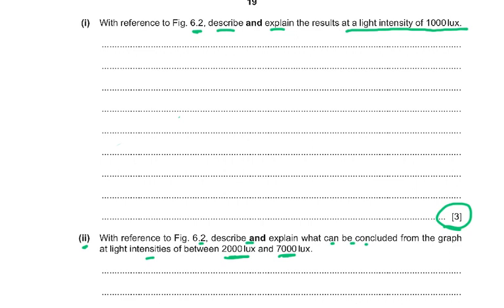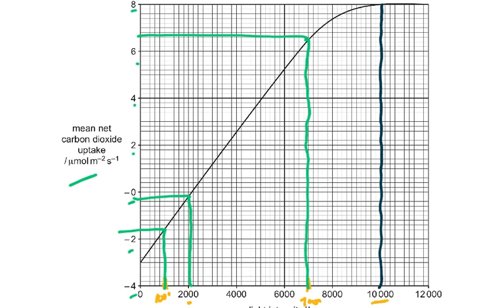So at 1000 lux, what do we have here? 1000 lux here, you see this point here. I'm just going to draw it again. 1000 is here and then here. So at 1000, as light intensity increases, rate of CO2 uptake, what is happening?